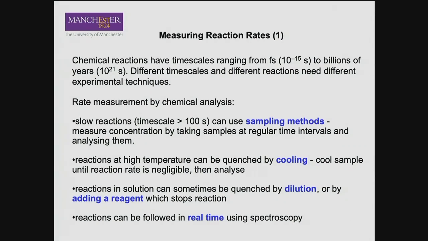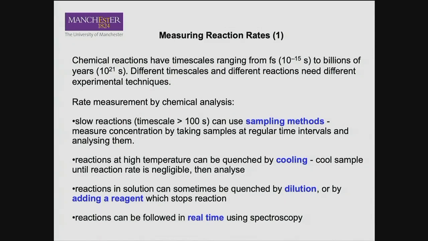One of the enzymes we work on, if the enzyme wasn't there, the reaction to turn over once would take many multitudes of the time that the universe has currently existed. Now, of course, that's not experimentally accessible, but it makes the point that the spread of reactions you're interested in can be phenomenally large. So how do you deal with such different timescales?